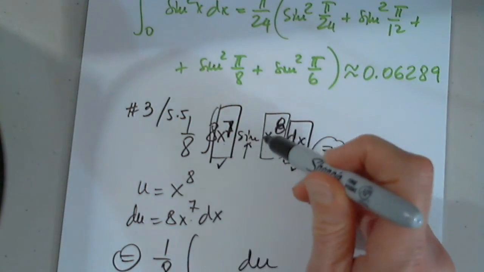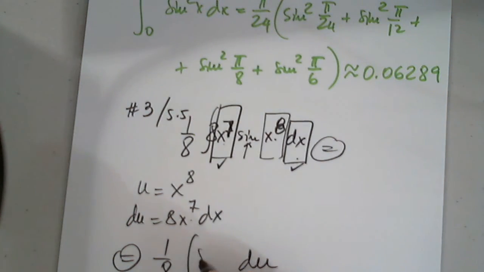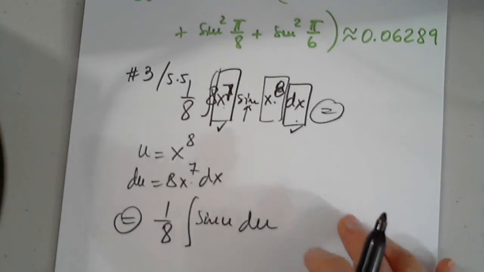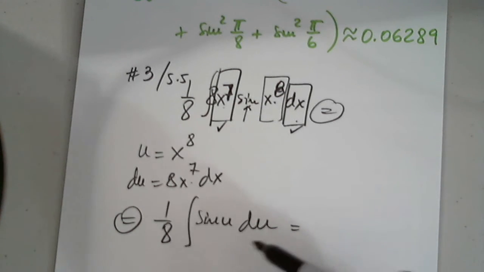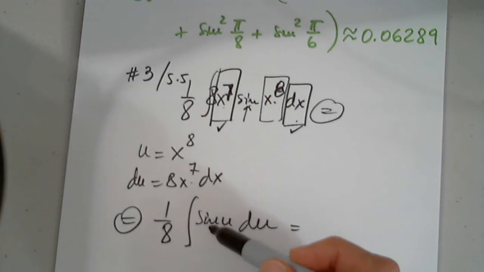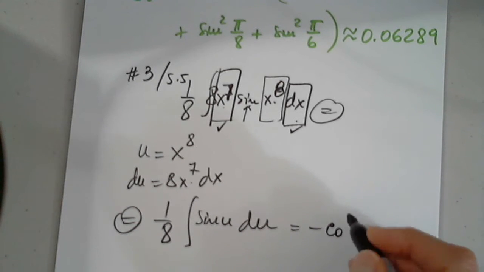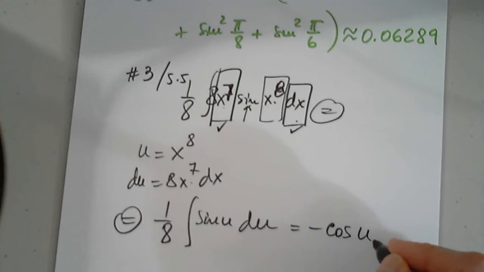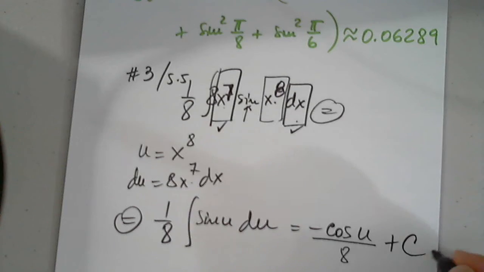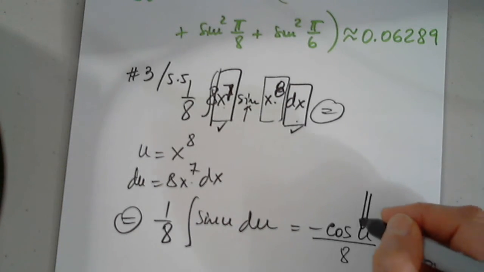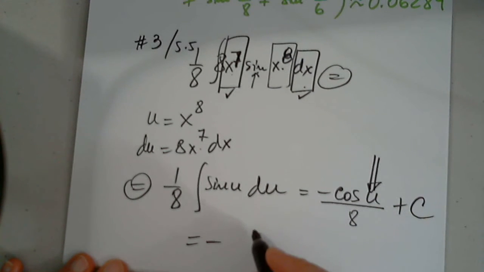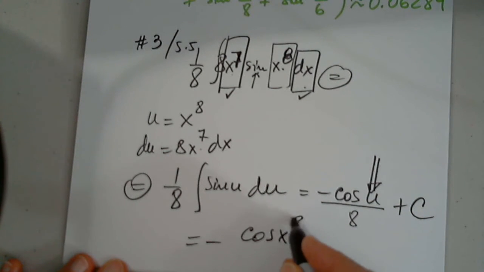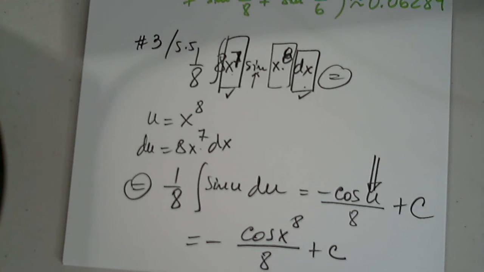And what is left is sine u. And the answer would be, since cosine prime is negative sine, negative cosine u divided by 8 plus a constant c. And we have to go back and replace u by x to the 8th. So negative cosine x to the 8th divided by 8 plus a constant c.